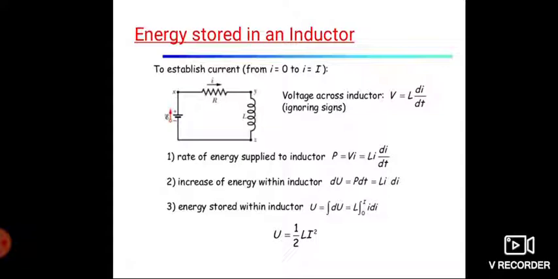Now energy stored within the inductor U equal to integration of dU, that is L integration from 0 to I of i di. So integrating the above equation, you will get U equal to 1 by 2 Li square. So the energy stored in a pure inductor is U equal to 1 by 2 Li square.